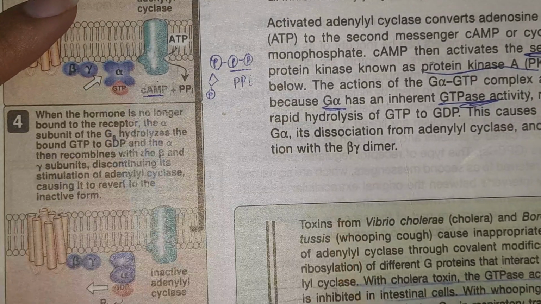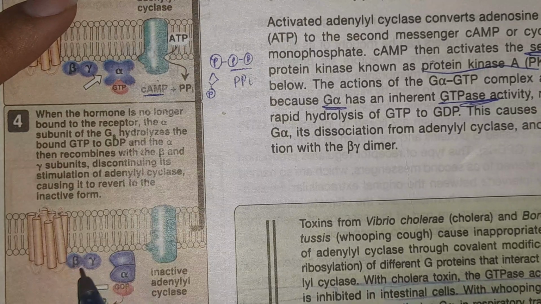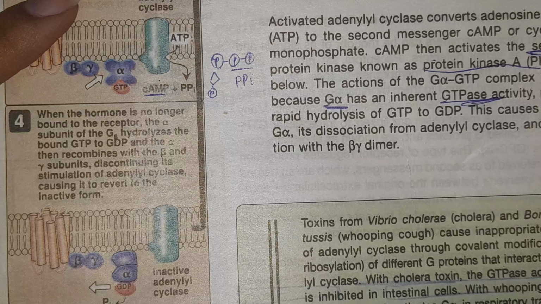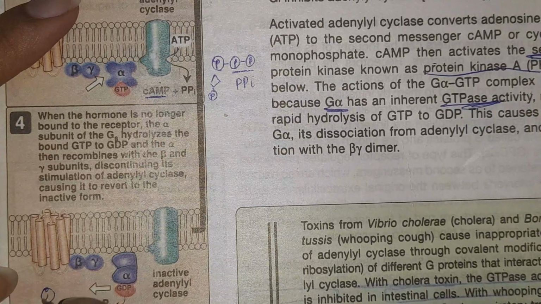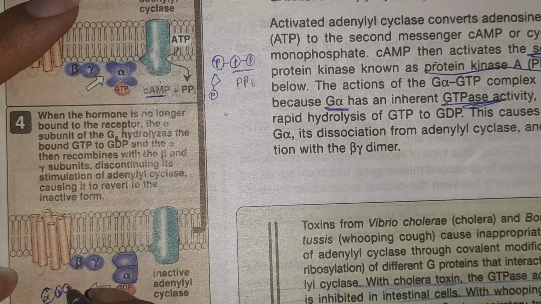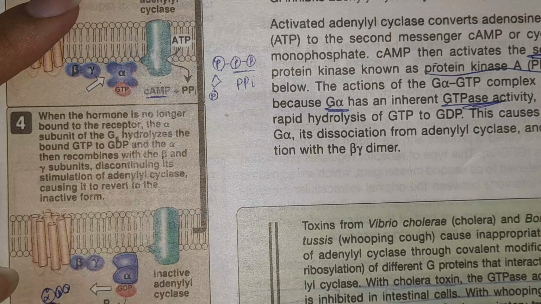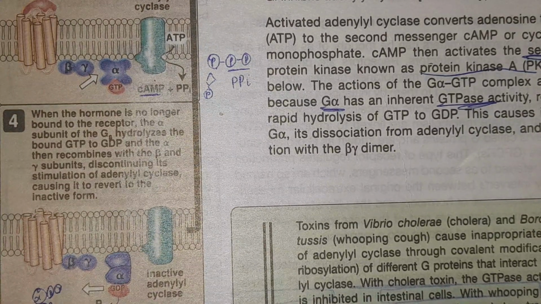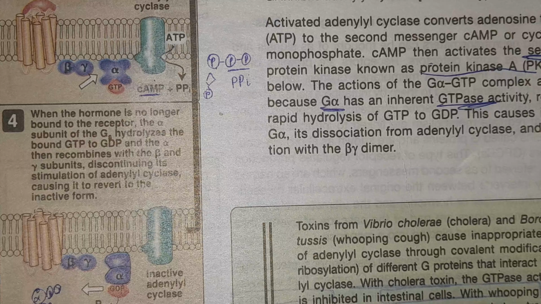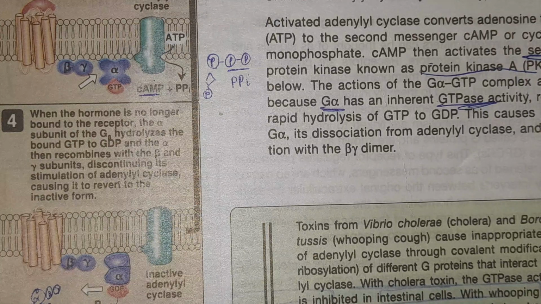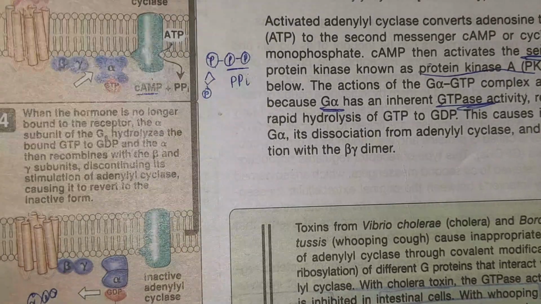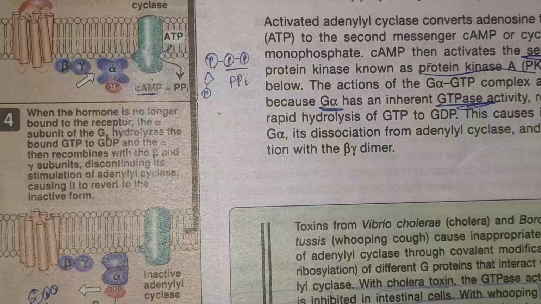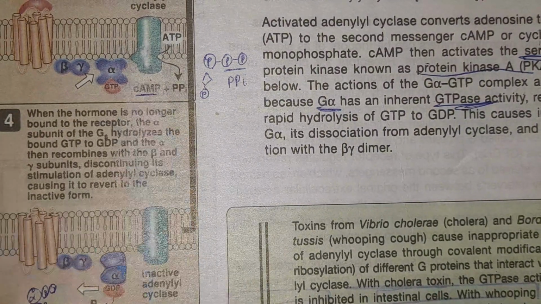Whenever GDP is attached to the alpha subunit, it again attaches to the beta and gamma subunits, so they exist as the combined alpha, beta, gamma subunit with GDP. But whenever there is GTP, the alpha subunit will disintegrate. This was the first step, the G protein pathway. After that we have the protein kinases. So now, what does this cyclic AMP do?